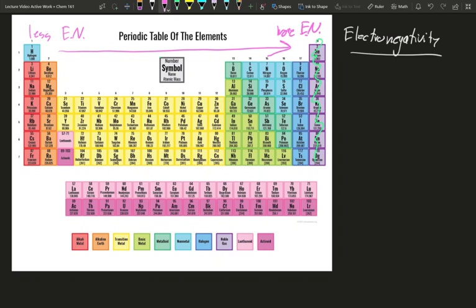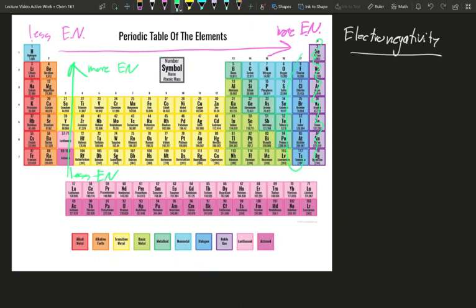Fluorine wants electrons a lot, lithium not so much. Within a column, as you move up the periodic table, you are more electronegative, and as you move down, you are less electronegative.